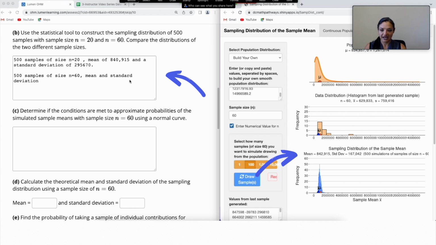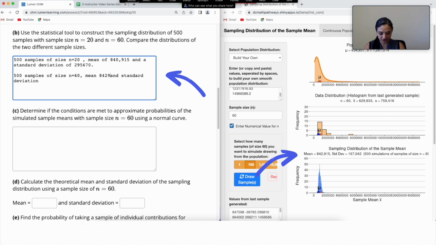So what do I get now? I get that the mean is 842,915. And then for my standard deviation, I see that being 167,042.